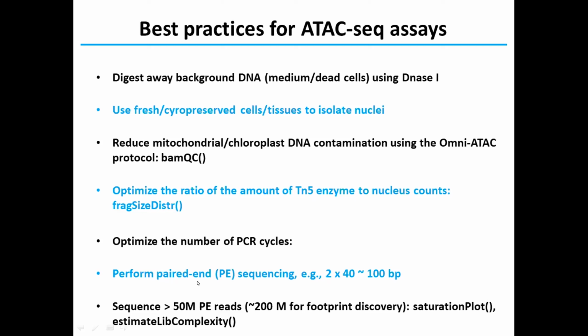Given the size distribution of the ATAC-seq library, we suggest performing paired end sequencing. So we have a better estimate of the fragment size, and the read length can be from 40 base to 100 base. We see a lot of people do 150 base paired end sequencing.